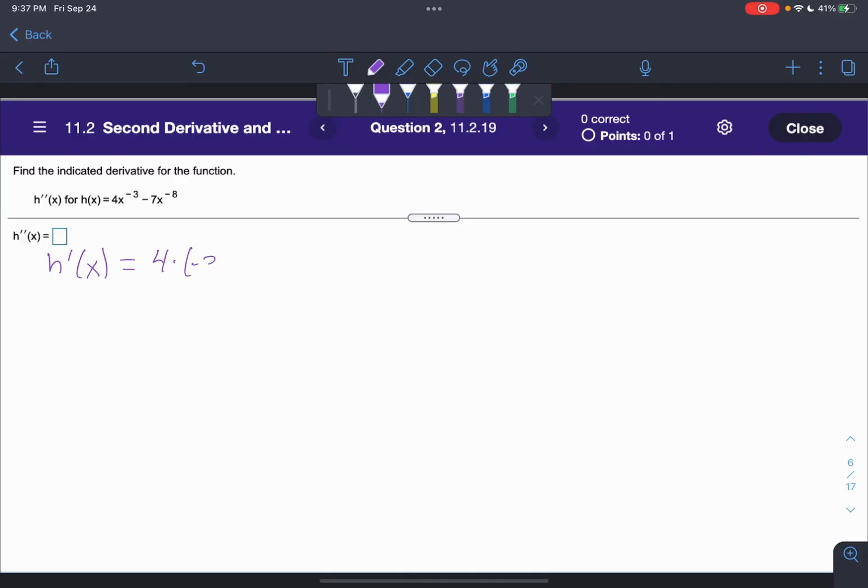So minus 3, bring that power down, x, and then decrease the power by 1. Same thing for the second term, so 7, bring the power down, x, 8 minus 1. For this one, just be careful of your negatives. They appear a little more often in this one, so let's be careful. 56. All right, that's what I got for my first derivative.